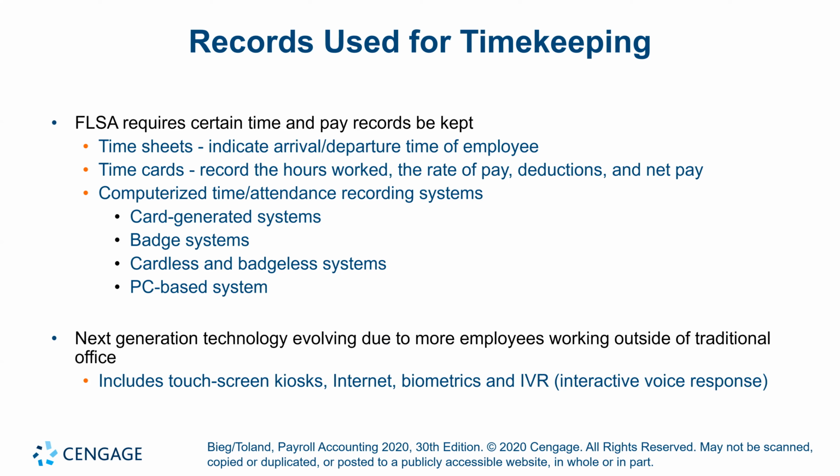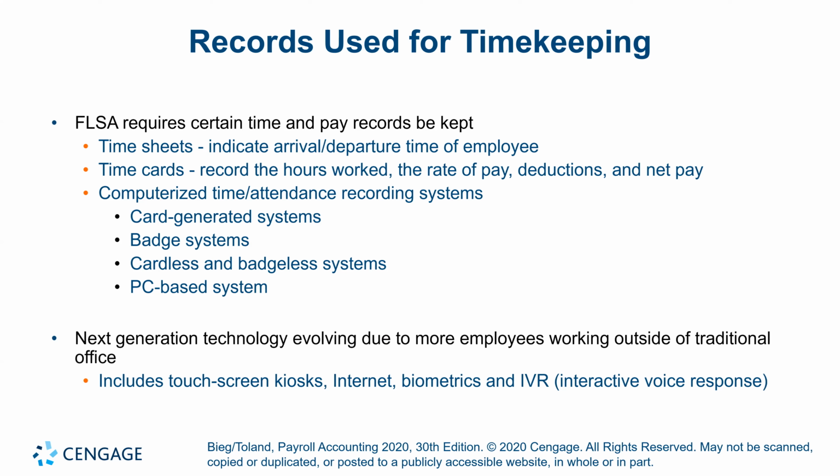And then time cards, which record the hours worked, the rate of pay, deductions, and net pay. We could think about the time cards like the individual employee earning records, really, right? They show all of the hours worked, the rate of pay, the deductions, and net pay for that period.